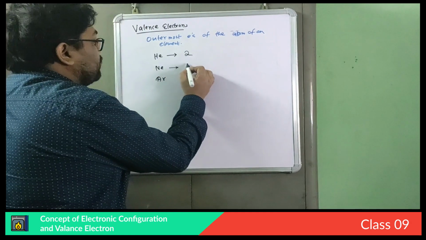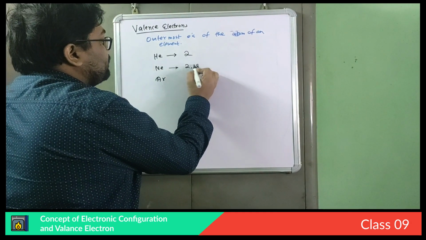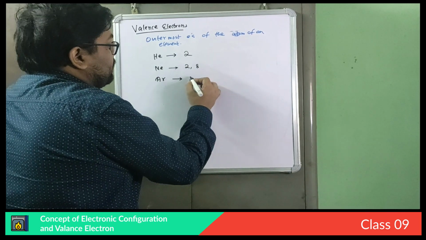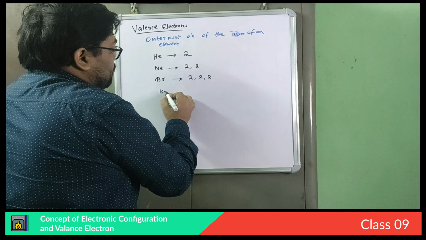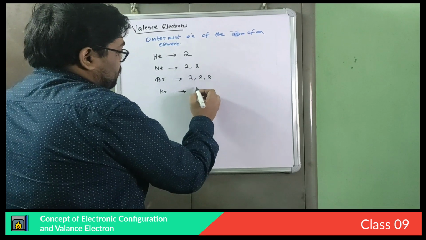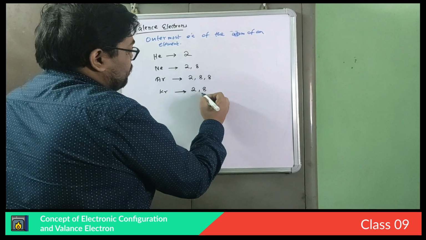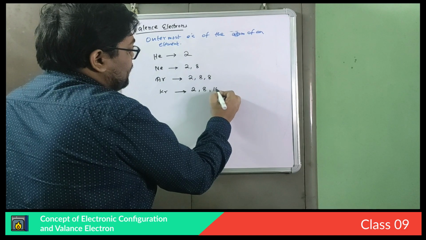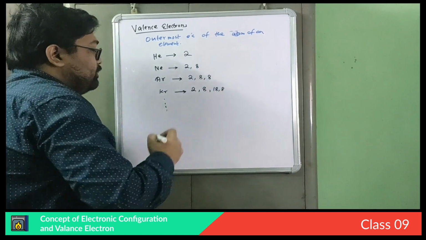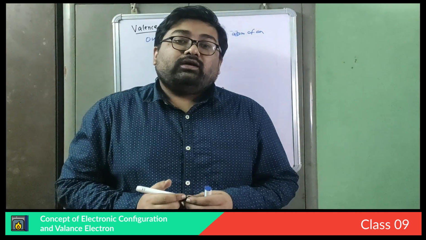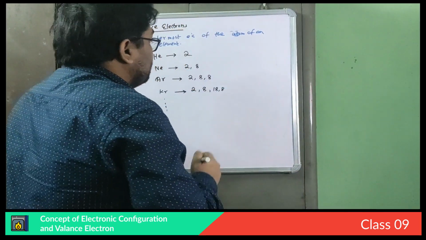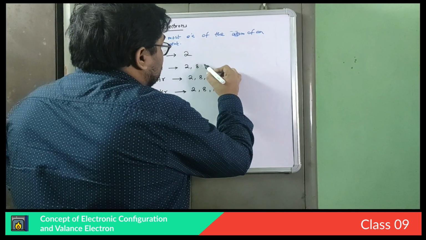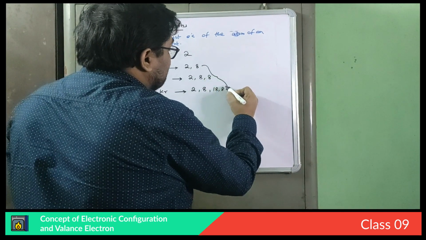Neon has 2, 8. Argon has 2, 8, 8. Krypton has 2, 8, 18, 8. And the rest of the inert gases also have this sort of configuration. So you can see that the last shell contains 8 electrons.